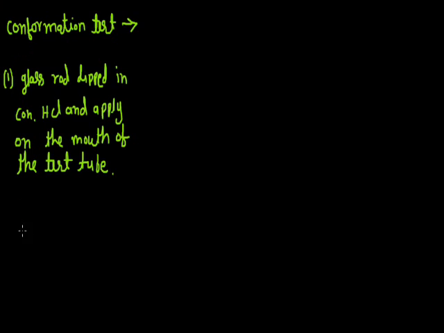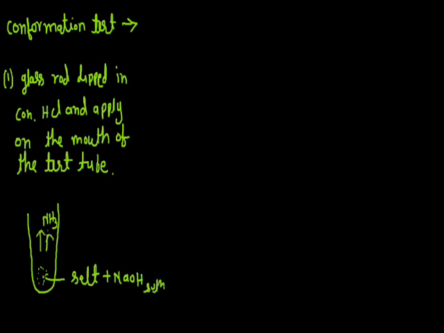For example, this is a test tube which contains the ammonium salt, and when we add NaOH solution to this test tube, an ammoniacal smell comes out due to the liberation of ammonia.